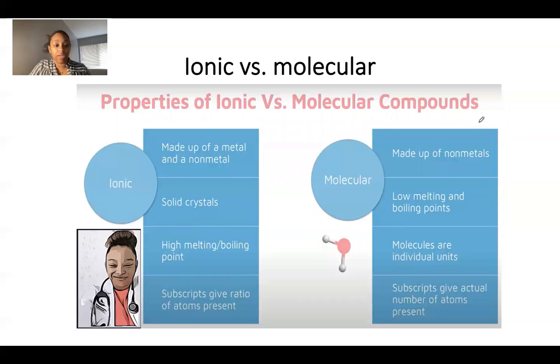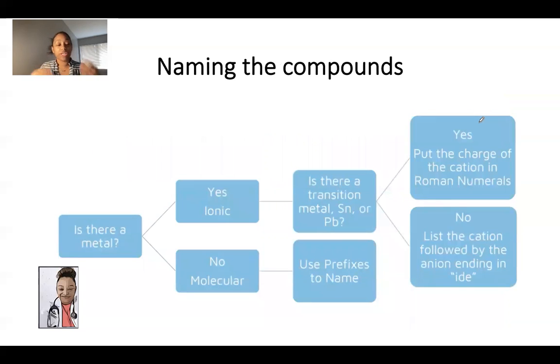Okay, so now when we're naming compounds, we want to ask ourselves a couple of questions before we decide how we're going to name them. Going back to the periodic table: is there a metal in the equation? For example, NaCl.